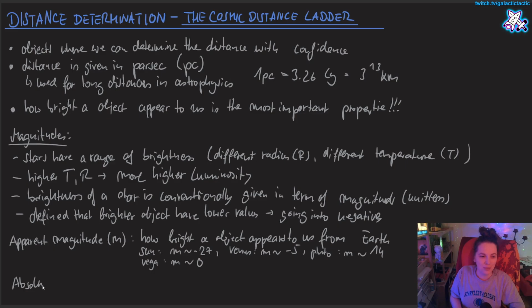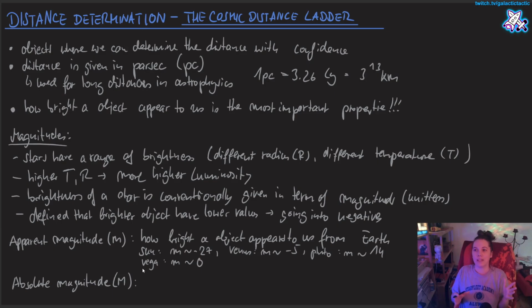So the absolute magnitude. You guessed it, it's capital M, right? Capital M for absolute magnitude. The absolute magnitude gives how bright the star would be if it were not at the distance it actually is, but only 10 parsecs away from us.